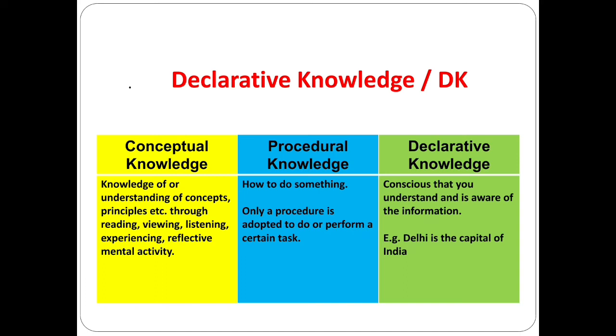Whereas procedural knowledge is knowing how to do something. Simply how to do something. Okay, you know how to do, and accordingly you solve the problem. Just knowing how to do. Whereas declarative knowledge is a very conscious effort where you need a proper concept.